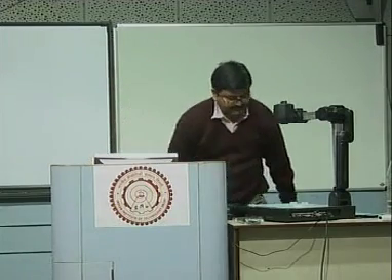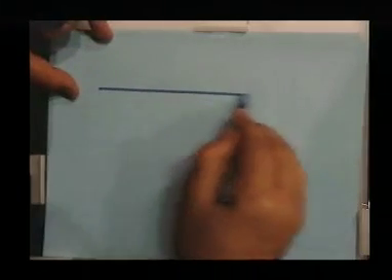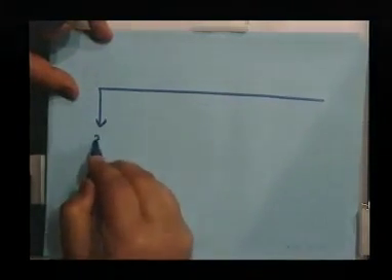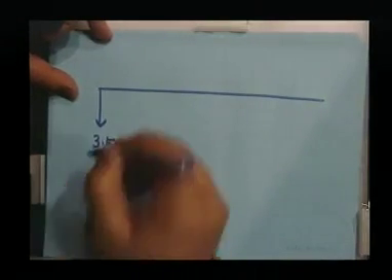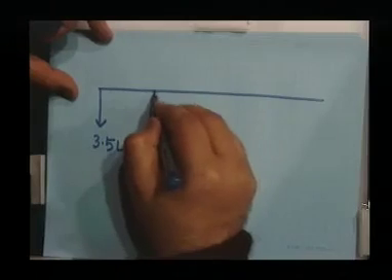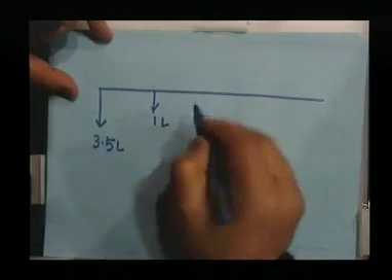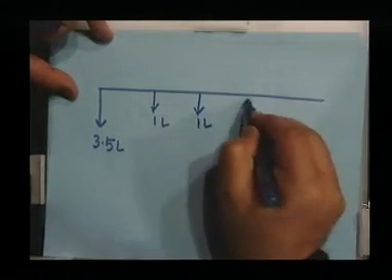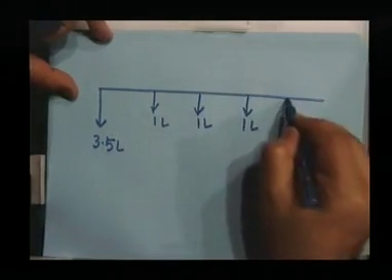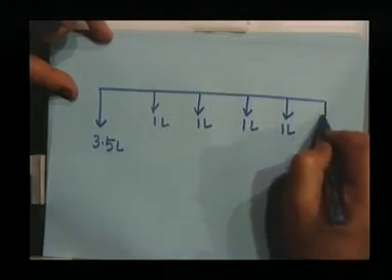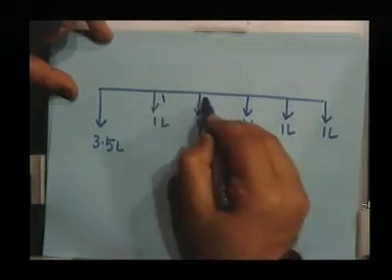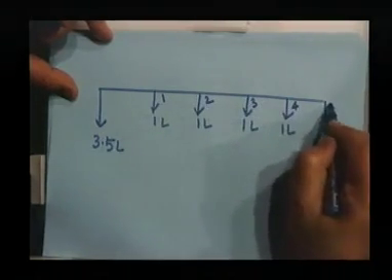So we will start with the pre-tax cash flow diagram again, which I will draw like this. I am purchasing the equipment for 3.5 lakhs. This is costing me 1 lakh every year towards its operation. This is year 1, 2, 3, 4 and 5.